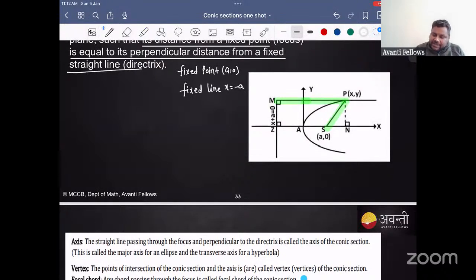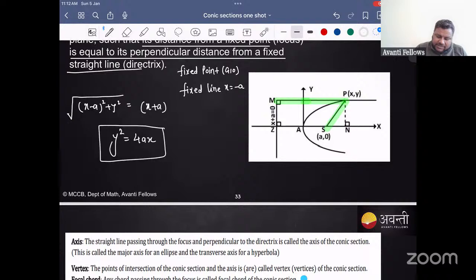Then the distance PS will be the square root of (x minus a) square plus y square, which equals the distance from the line x plus a equals 0, that is x plus a. Now if you square both sides and simplify, you will get y square equals 4ax. This is the equation of the standard right opening parabola.